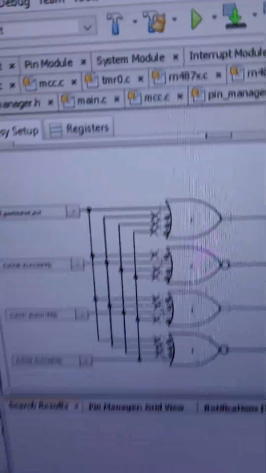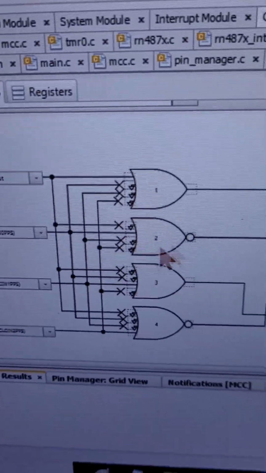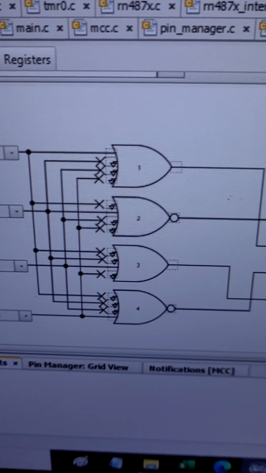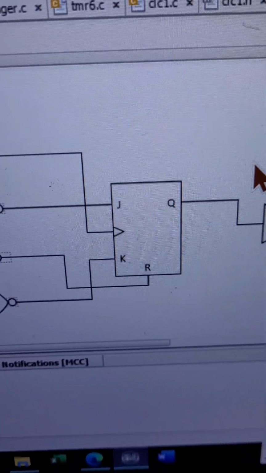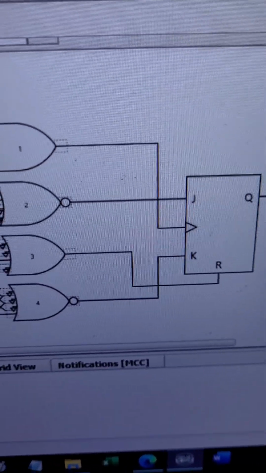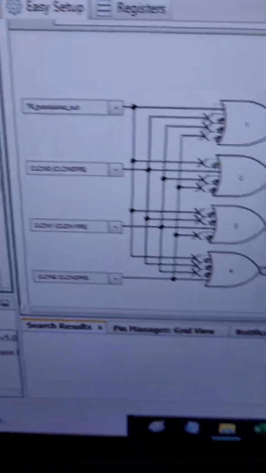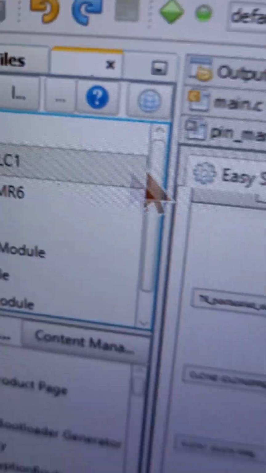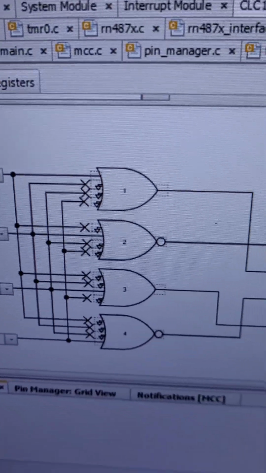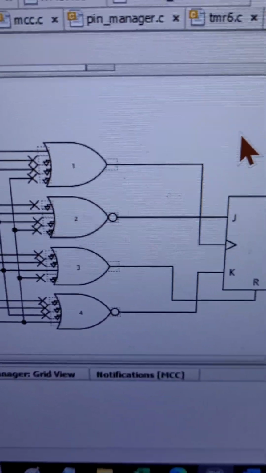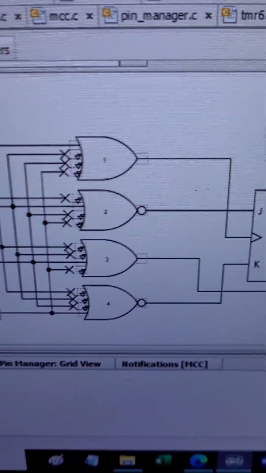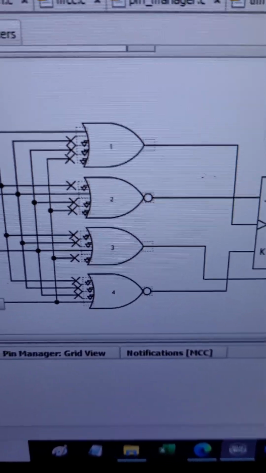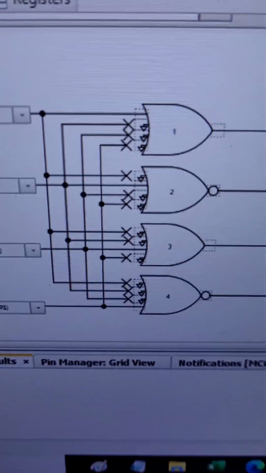Let's look at the difference between FPGAs, which are field programmable gate arrays, and CLCs, configurable logic cells. FPGAs have a very high number of cells. They encompass thousands, sometimes tens of thousands, of logic cells.